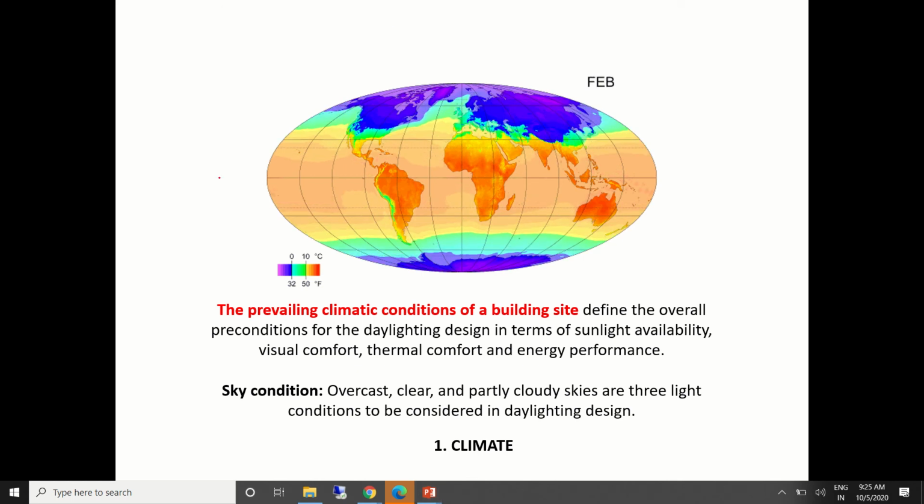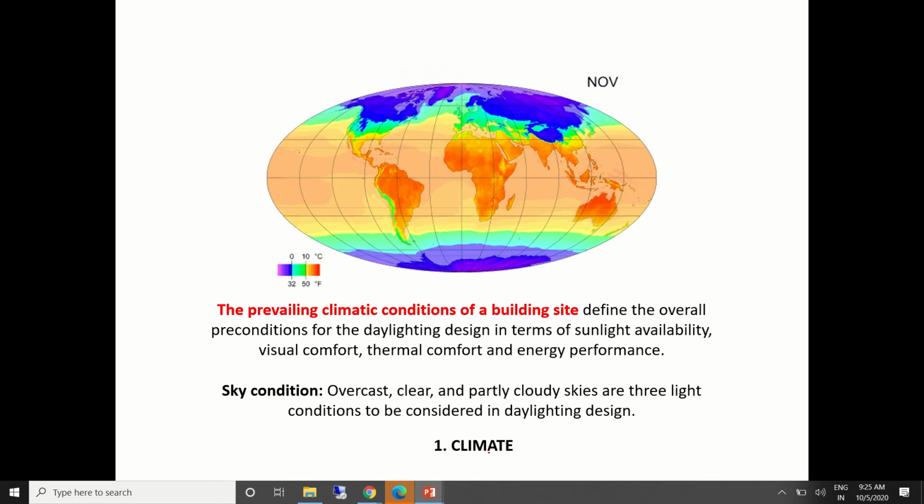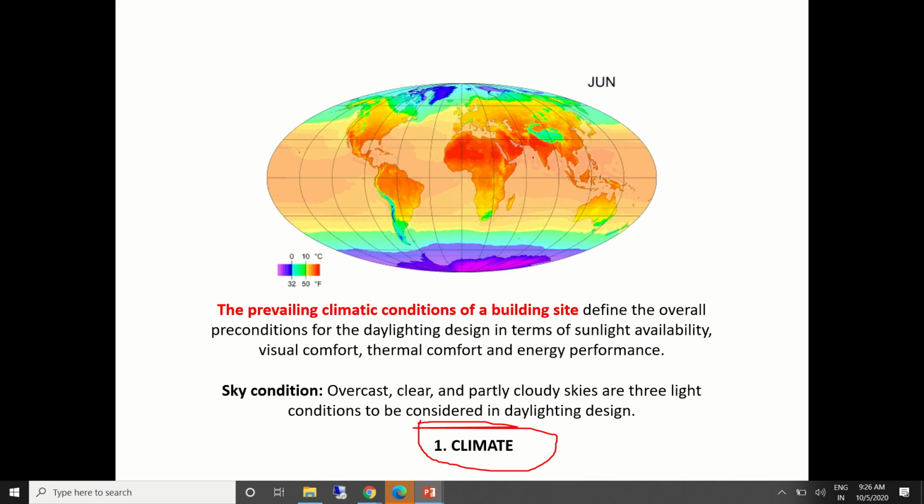So of the parameters that influence daylight is climate. Climate is one of the most fundamental aspects that influences availability of daylight throughout the world.